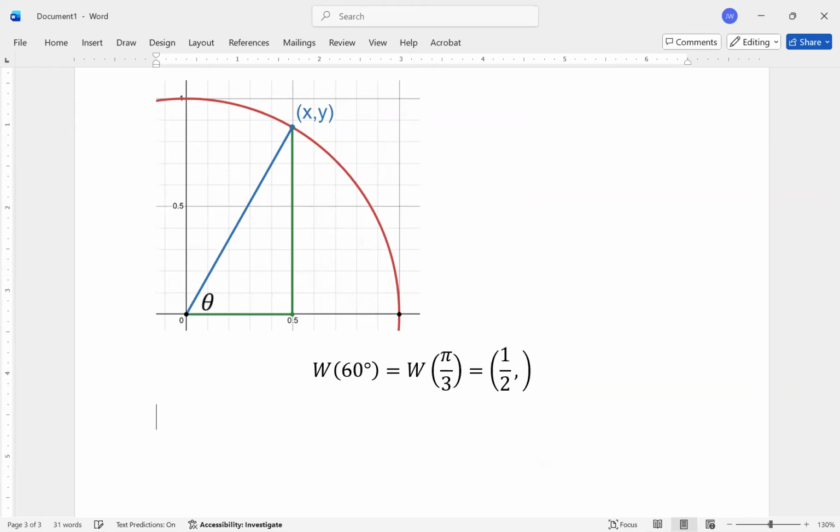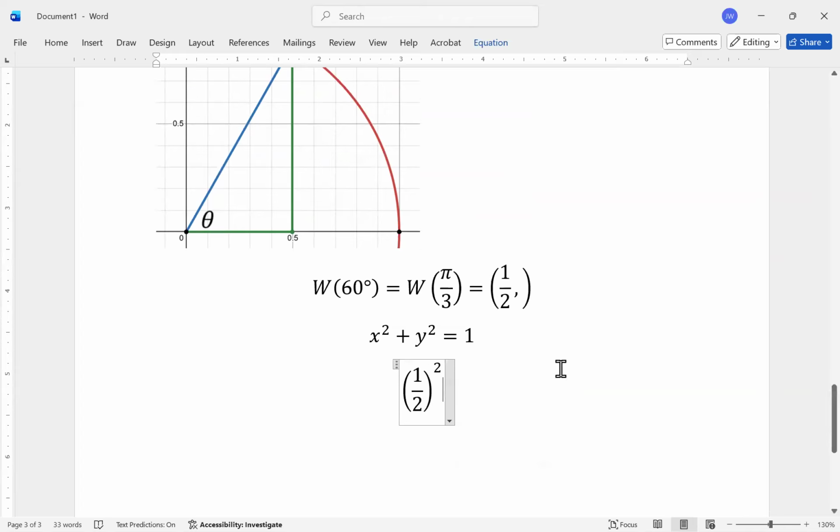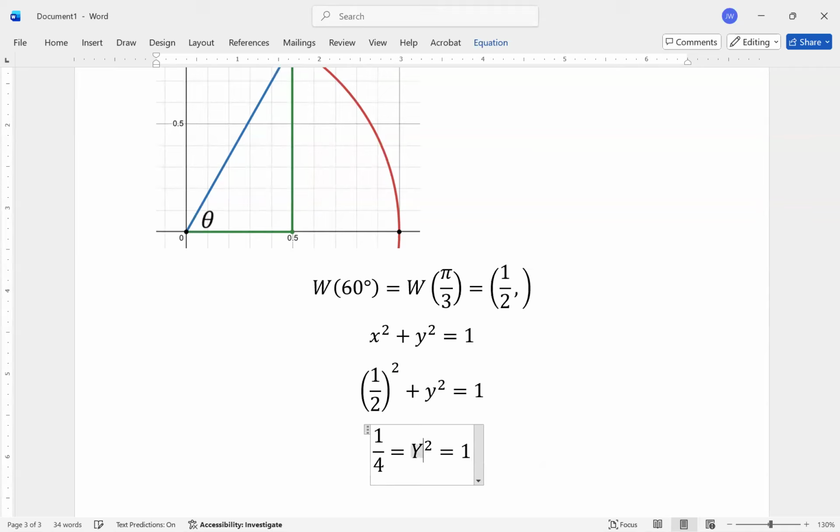I can find the y value by using the equation of the unit circle, or the Pythagorean identity if I wanted to write it in terms of cosine and sine. Now that I know the x value is 1/2, I'd take 1/2 squared plus y squared is equal to 1. 1/2 squared is 1/4. So we'd end up with 1/4 plus y squared is equal to 1.